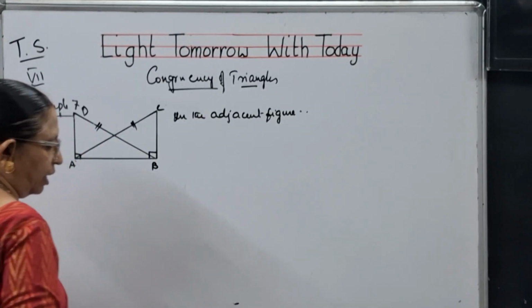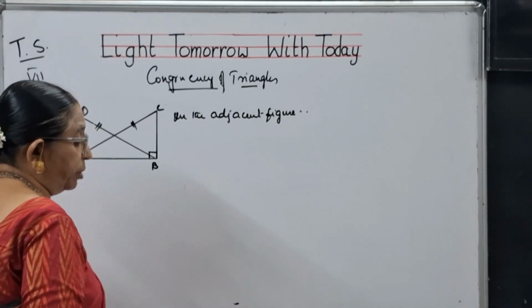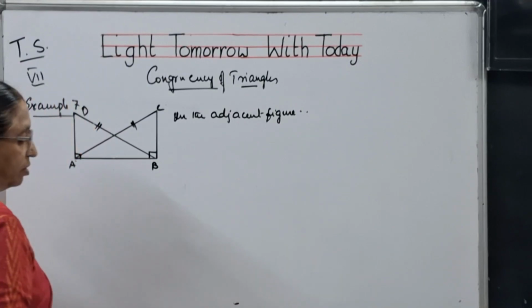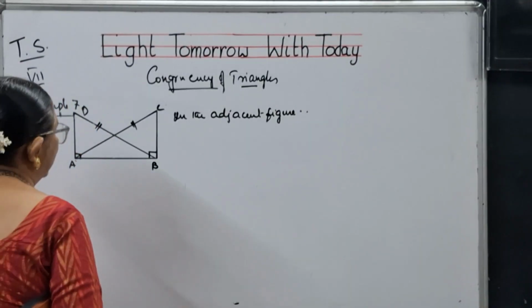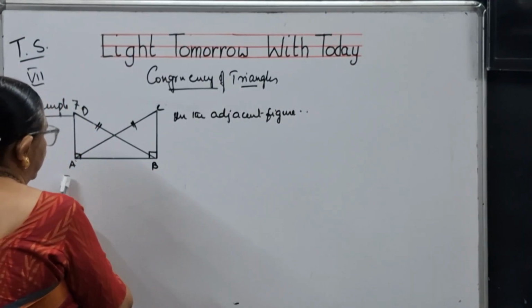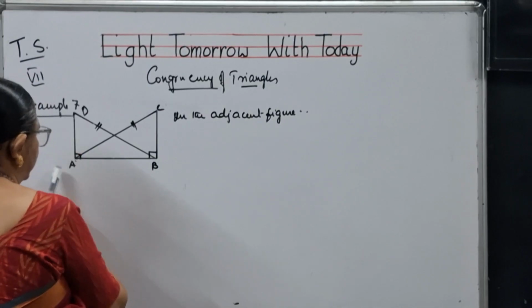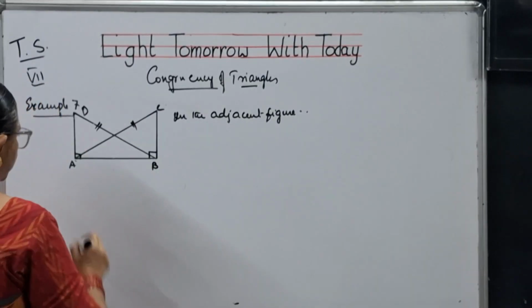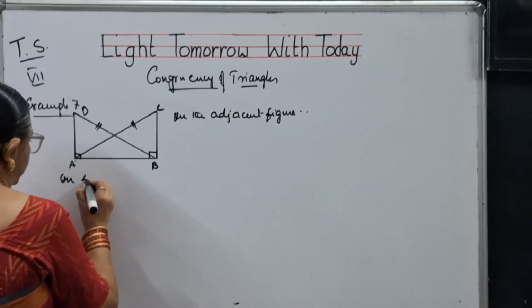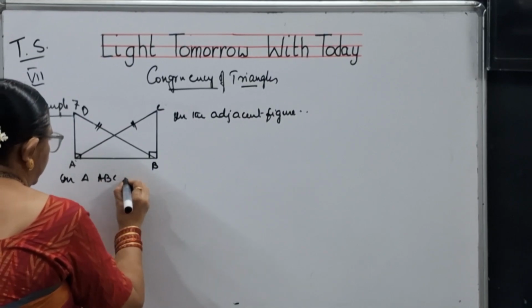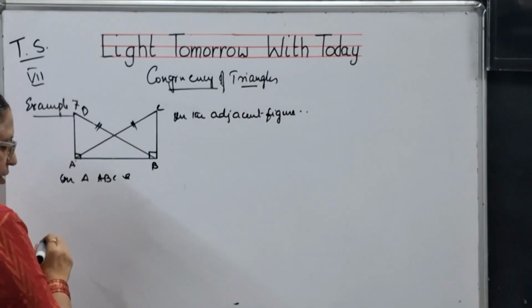You have to prove that. State the three pairs of equal parts in triangle ABC and triangle DAB. In triangle ABC and in triangle DAB, equal parts you have to state. So let us write that in triangle ABC.